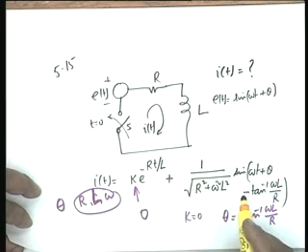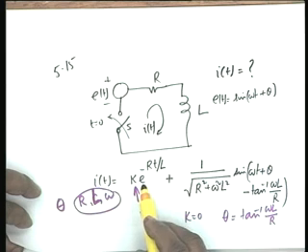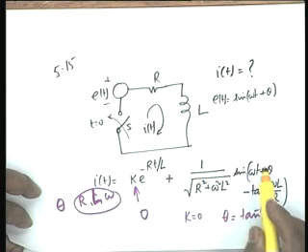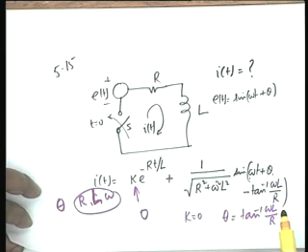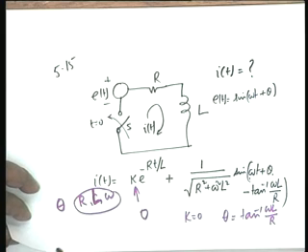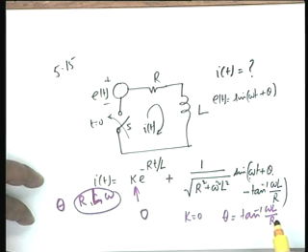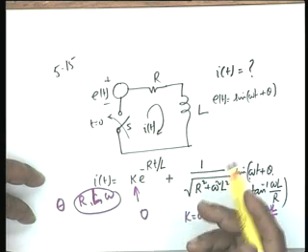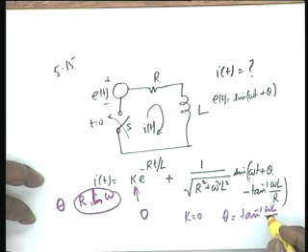Put t equal to 0 here and put I of t equal to 0, then k equals minus this quantity, sine of theta minus this, and it can be equal to 0 if theta is equal to tan inverse omega L by R. However, the solution is not unique. If theta is tan inverse omega L by R plus any multiple of pi, then also the solution is valid. But this is the primary solution, that is the lowest value of theta. Agreed?